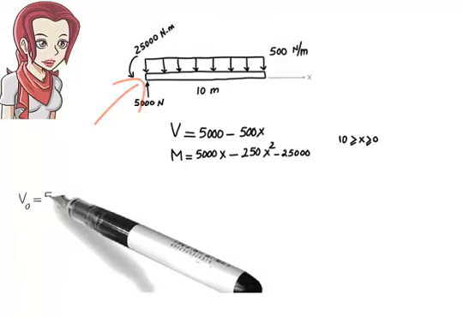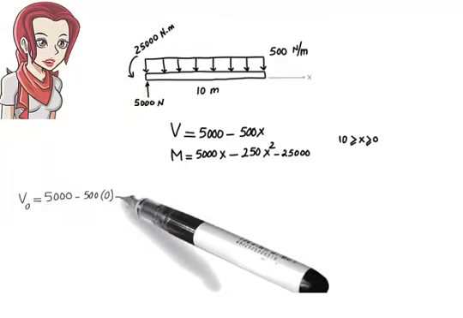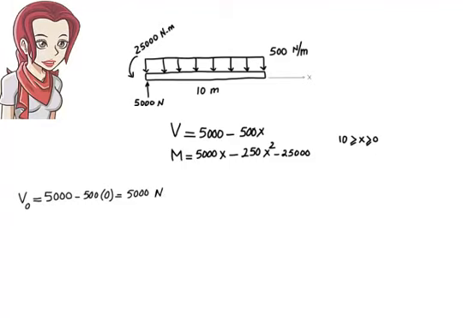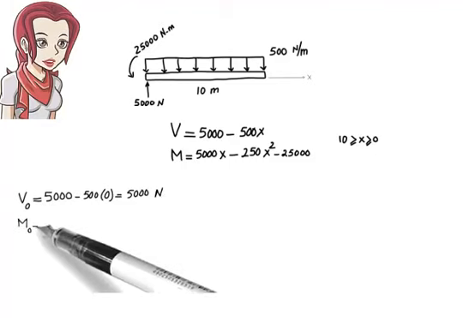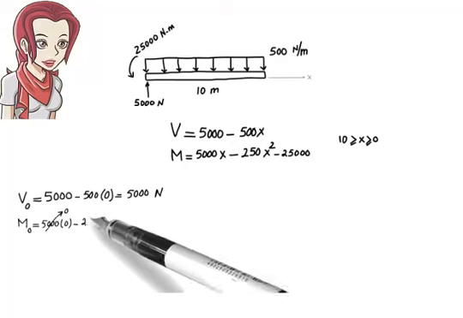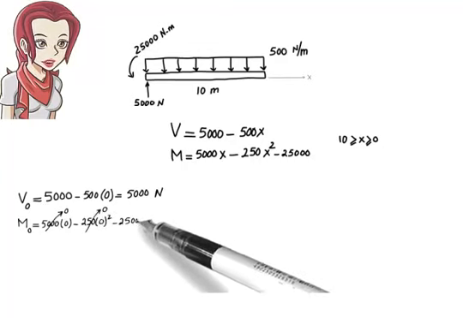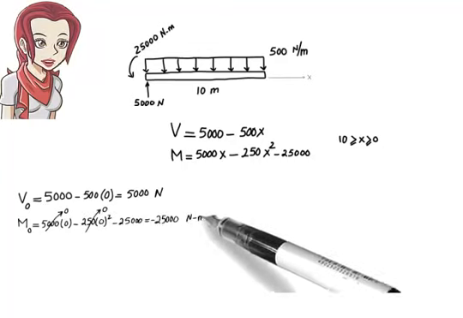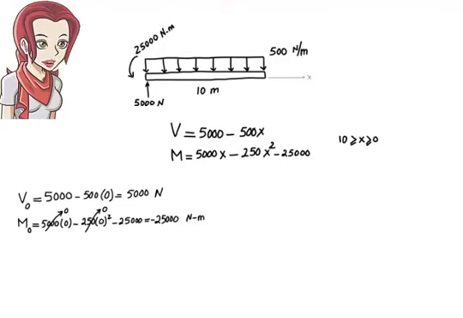V of 0 equals 5,000 minus 0, or 5,000. M of 0 equals 0 minus 0 minus 25,000, or negative 25,000. Notice that these are the support reactions. The equations correctly give us the support reactions for shear and moment when x equals 0.